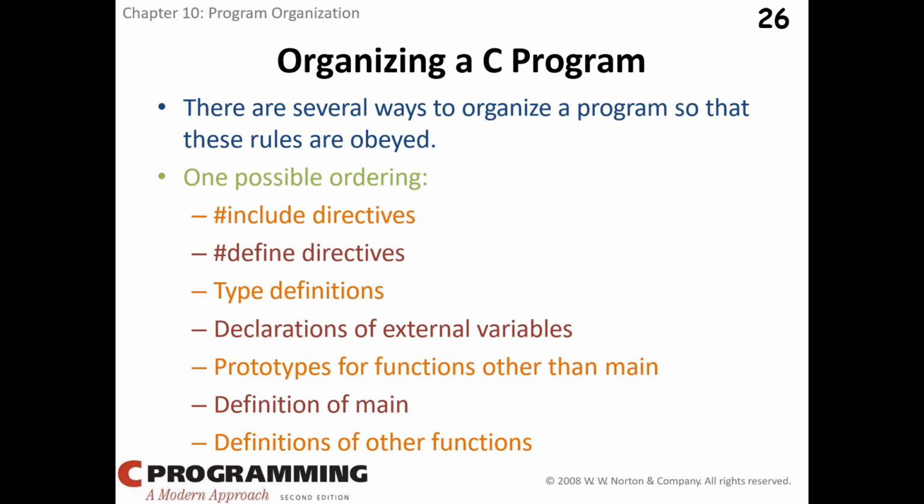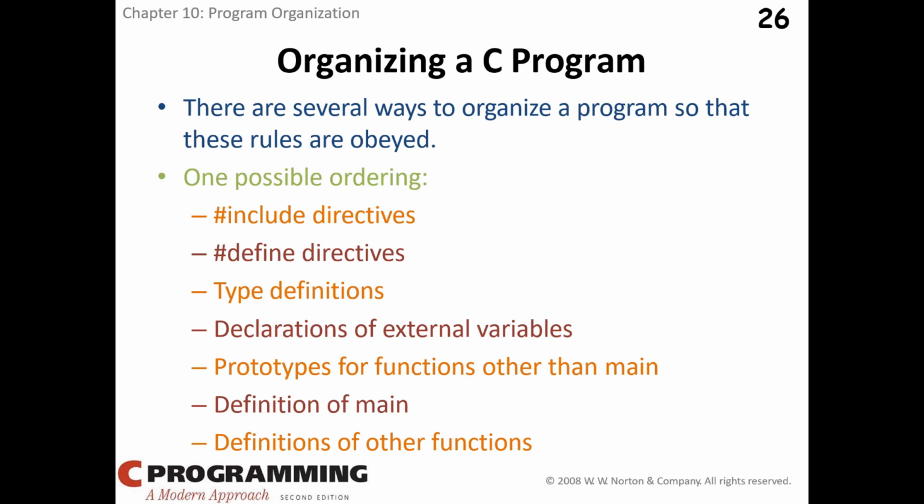Next, we define any symbolic constants or macros using the define directive, which allows us to create aliases for values or expressions that we'll use throughout our program. Following that, we define any custom data types or aliases for existing types using type definitions.